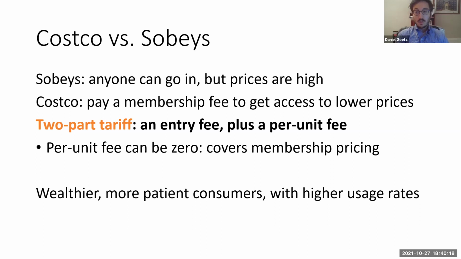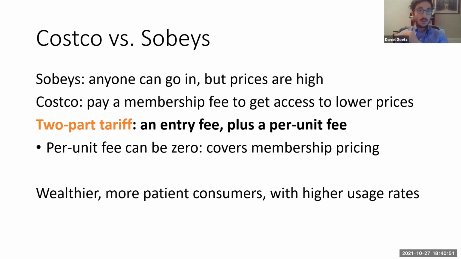So when might you want to do a two-part tariff? People need to be able to stomach the upfront cost, so they need to have a little bit more disposable income. Patience is typically good as well. Why? Because you may be stockpiling, like with Costco, or people are willing to pay this big money up front and then only get the gains later on.